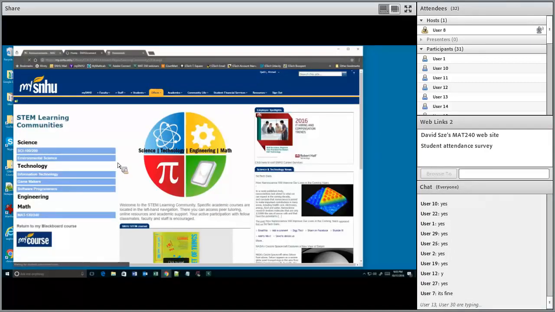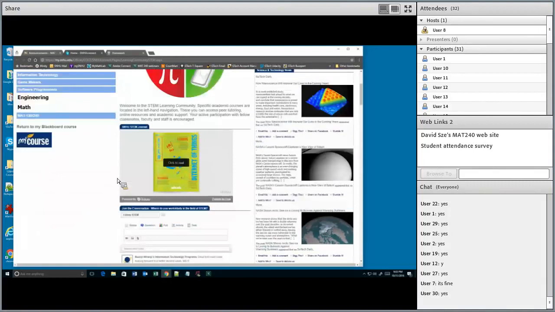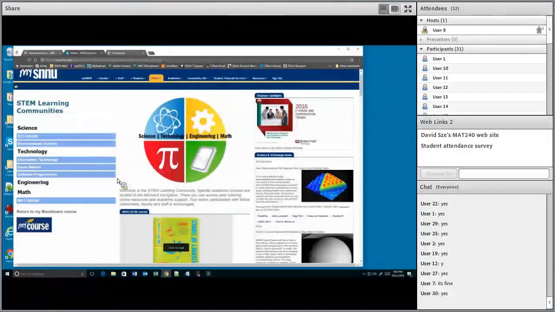Okay, so when you click on this, this thing opens, all right? Now let me show you what this is because it's really cool. Somebody had asked about what it is. It does take a little bit of time to open fully, so I'm not sure why, but give it some time to open properly. And then once it's opened, you're going to see there's a link for Math 130 and 240. So let's click on this.